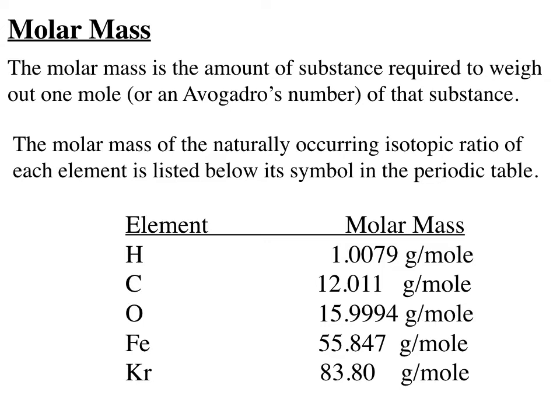And those of you that are in a laboratory are, I'm sure, familiar with this. We weigh out reagents all the time to get an inference as to how many are present in the reaction. So what we have then is a conversion factor between the mass of the material and how many of them are present in that sample. And the number present is this standard bushel basket of chemistry, and that would be the mole.